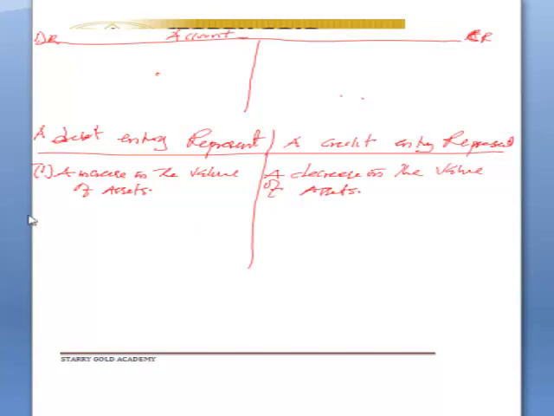Let's look at liability, because these are the elements of account. In the case of liability, a debit entry indicates a decrease. The debit entry is a signal for a decrease in the amount of liability.